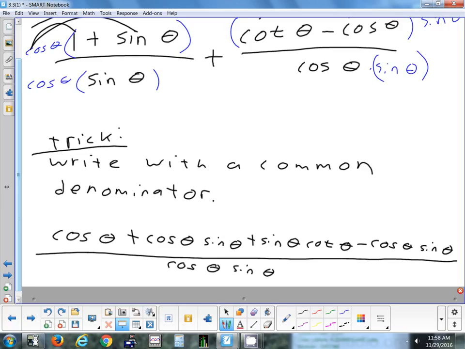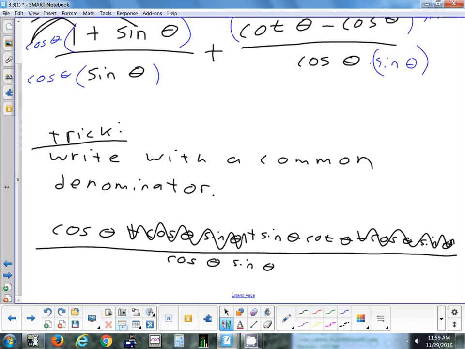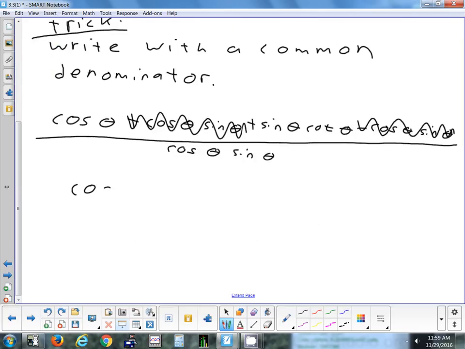Now look at the top. Does anybody see something that disappears there? What disappears? Positive cosine sine, negative cosine sine. Whenever you have two things, one's positive and one's negative, they disappear. Right? So now let's copy what's left.